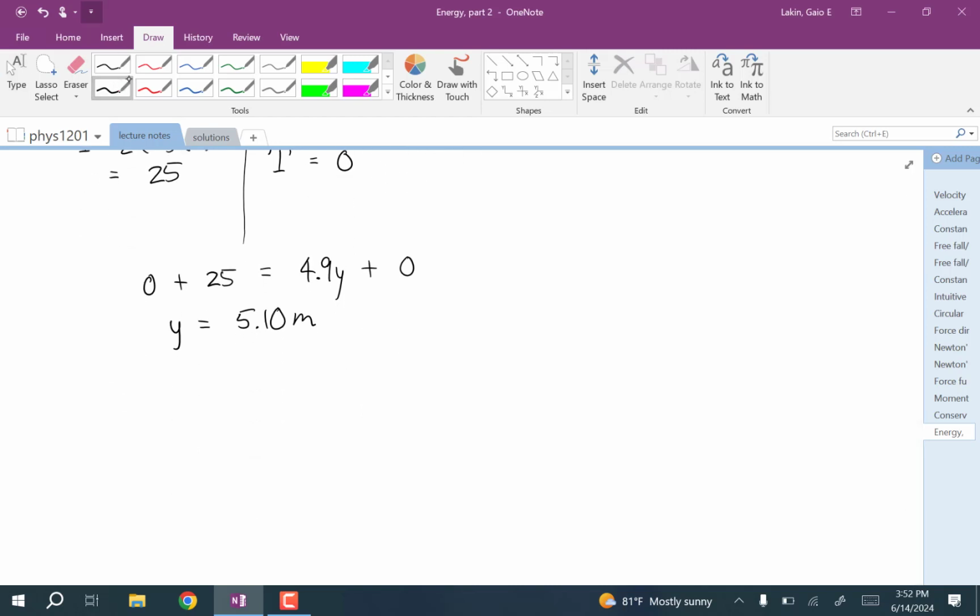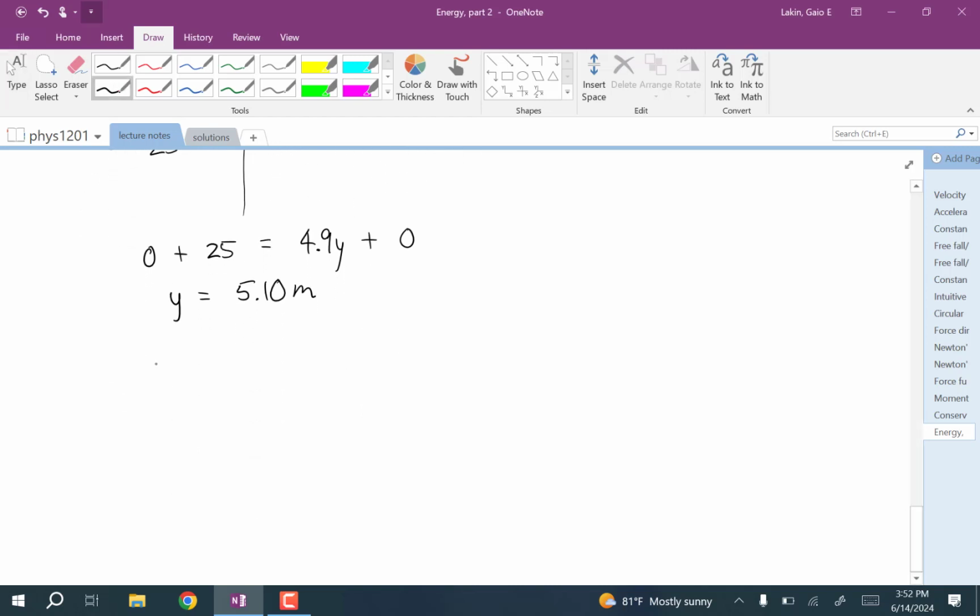And then the last thing I want to talk about is the derivative relationship. I've mentioned this a few times before. I just want to point out that it's relevant here.